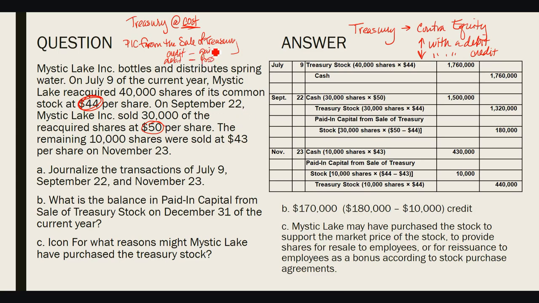The problem is that this account cannot go below zero. If you end up selling the stock significantly below what you originally purchased it for, and the loss would make the PIC account go below zero, then we have to debit retained earnings.